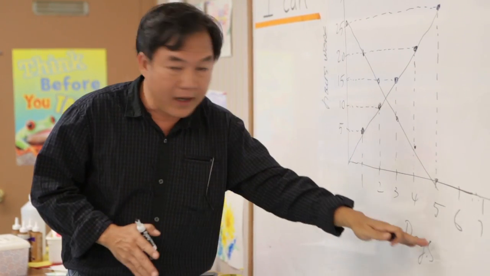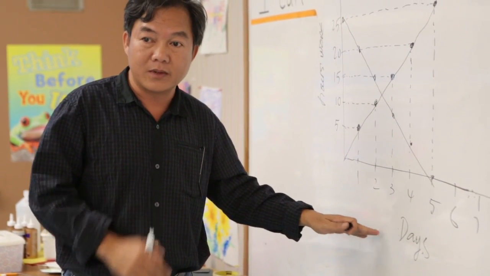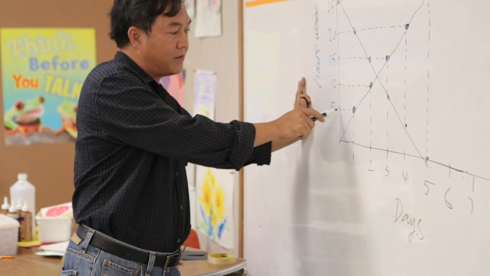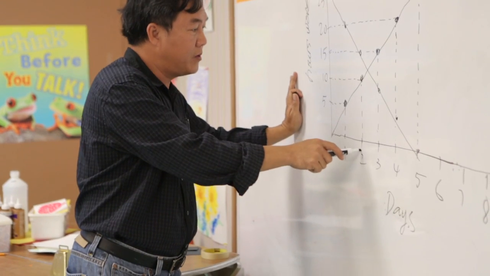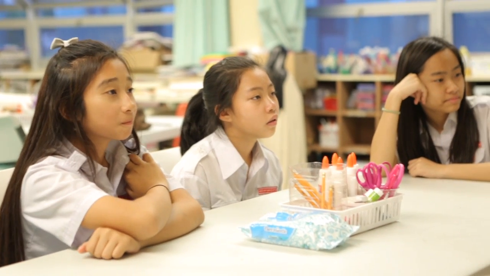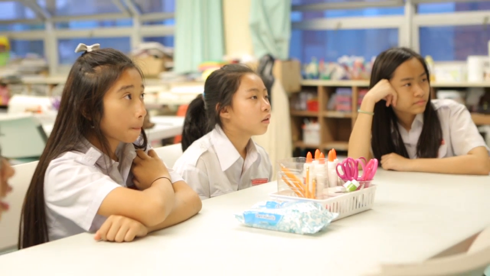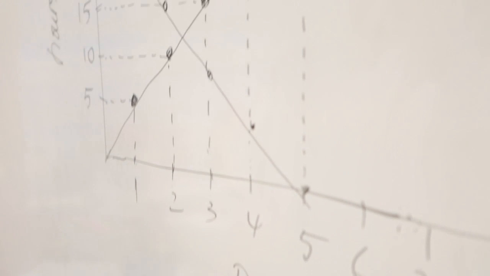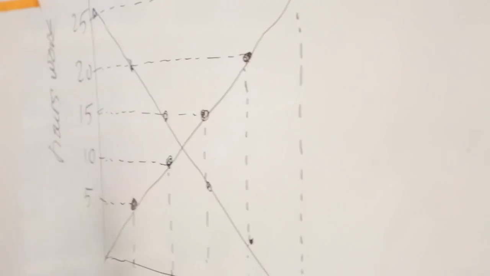The fewer days you work, the less money you get paid. Like one day you work 5 hours, 2 days you work 10 hours, 3 days you work 15 hours, right? So 5 hours you got $50. So 3 days you got $150.